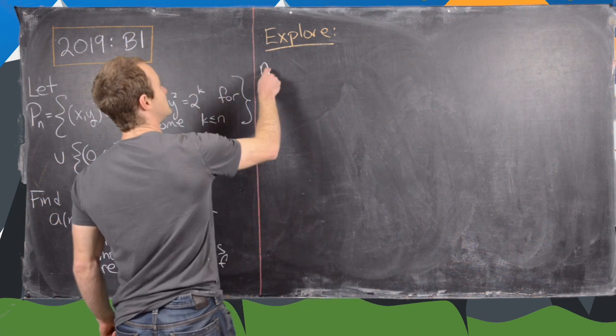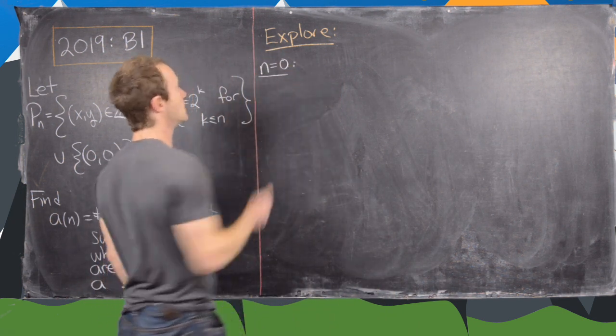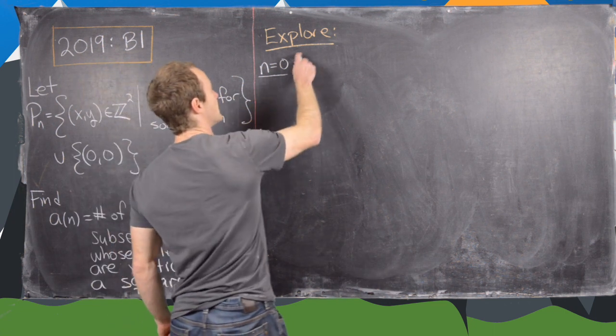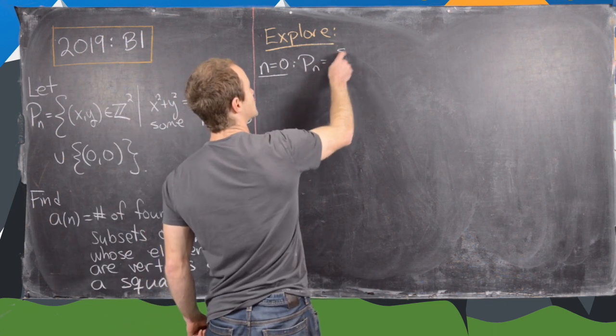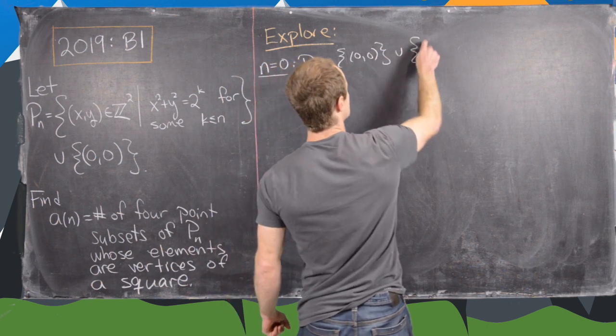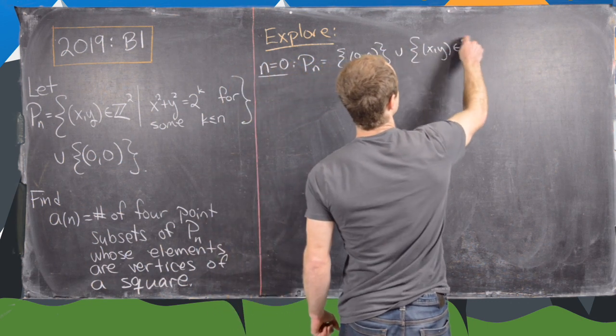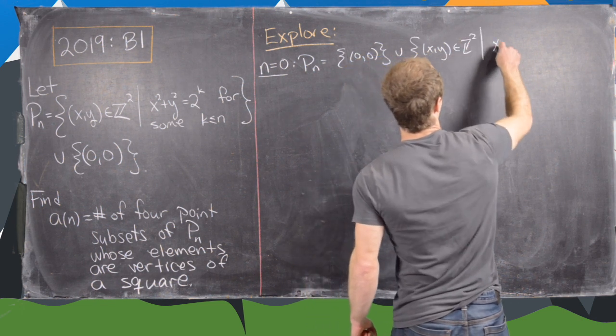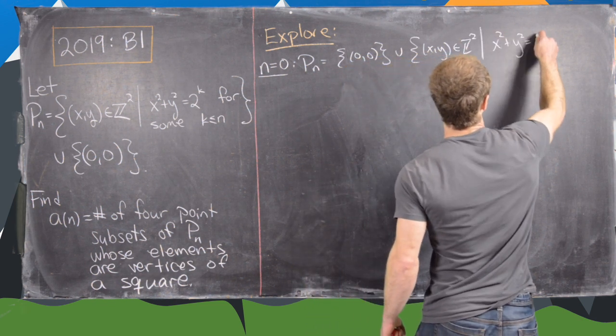So let's say n equals 0, so that means P of n is equal to the origin union all integers x and y where x squared plus y squared equals 1.